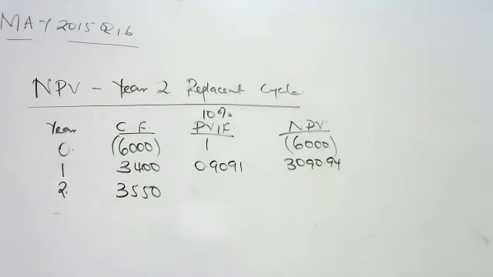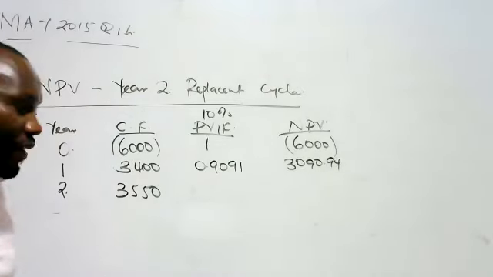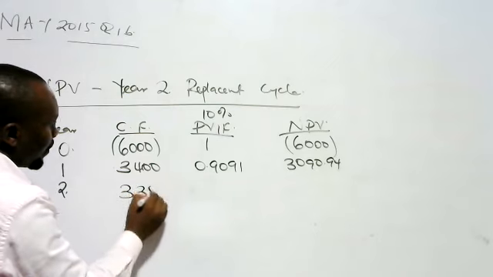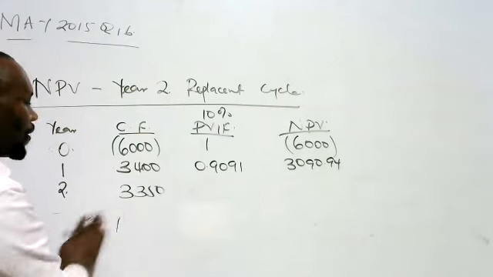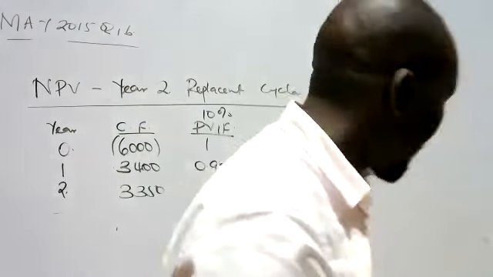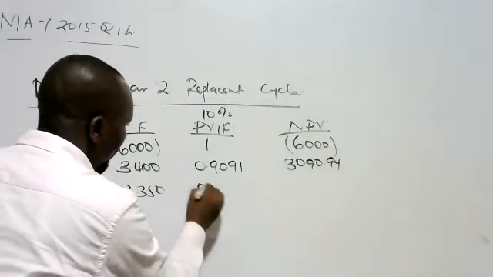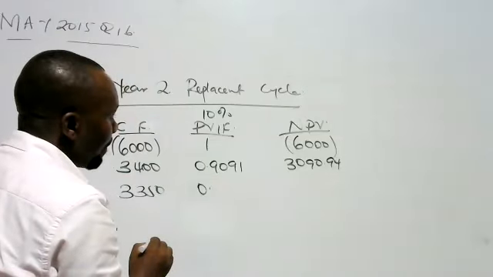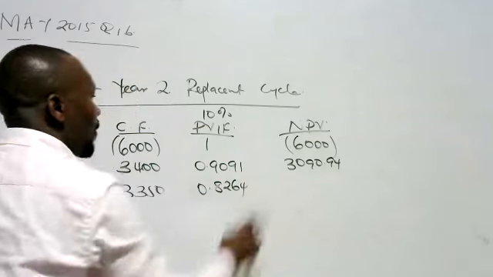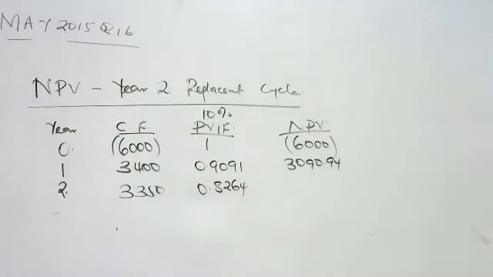Yes, it is 3350. So give me the discounting factor. 0.8264. Thank you. The amount, present value.